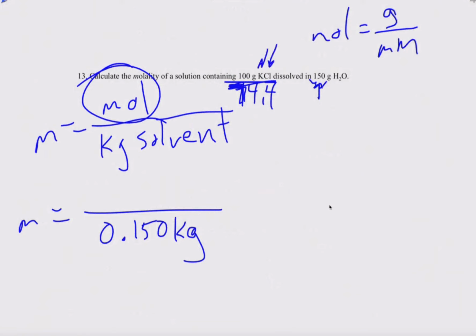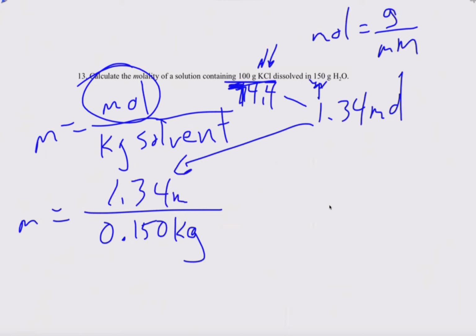So 100 divided by 74.4 is 1.34 moles. That's the number I'm going to put back over here, 1.34 moles divided by 0.15 kilograms gives us a molality of 8.93 molal.